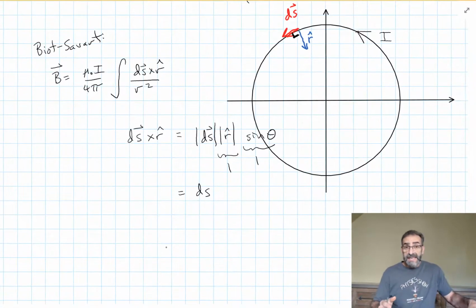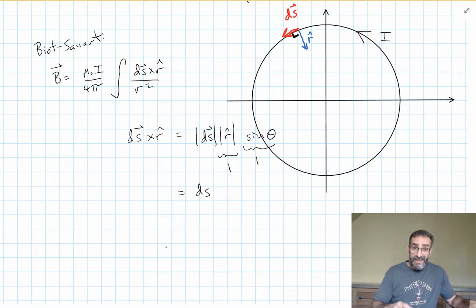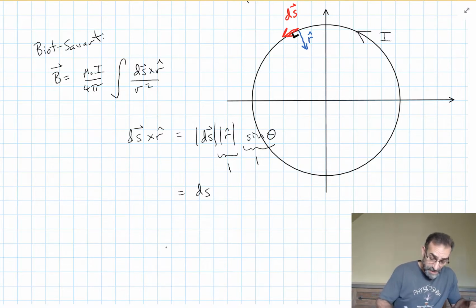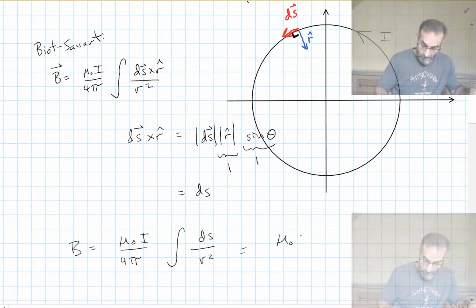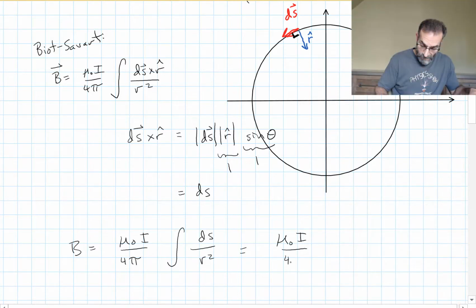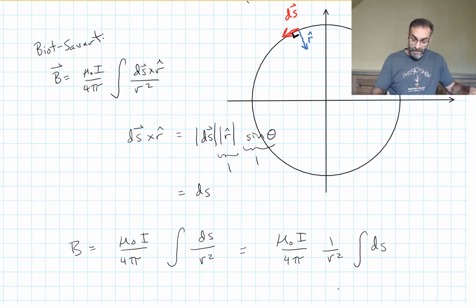The other nice thing about working on a circular arc length is that r is constant. So our magnetic field equation becomes an integral of ds. And what is the integral of ds?